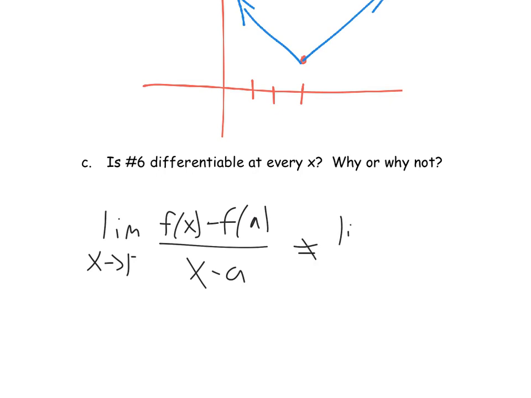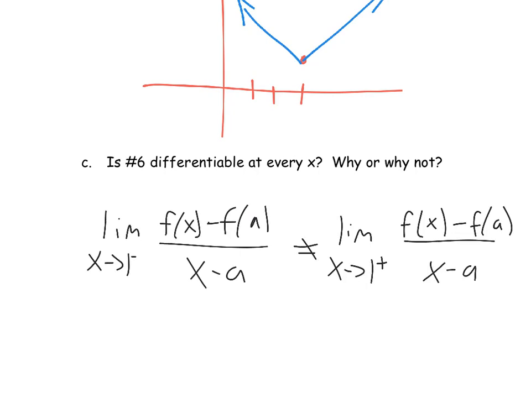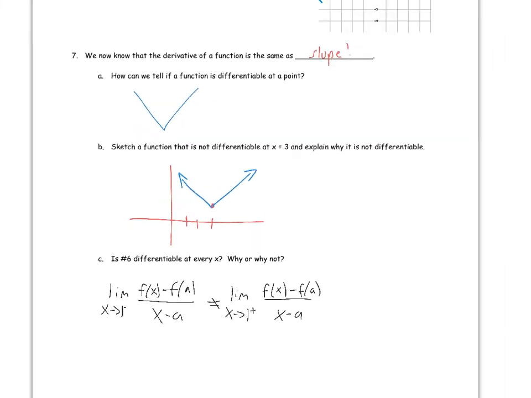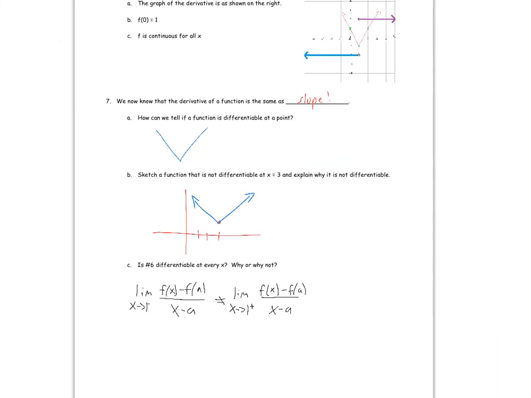So when the slopes from both sides of 1 are not equal, which is what this statement is saying in weird math notation, it's just saying the slope from both sides is different. If the slope from both sides is different, then the function is not differentiable at that point. And that is it.